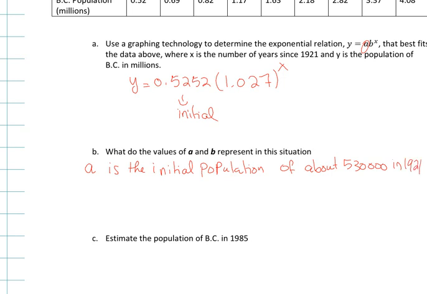And what does B represent? Base. B is the growth, what do we call it? Growth factor. And if I want to know the rate that the population was growing at, how can I find the rate?